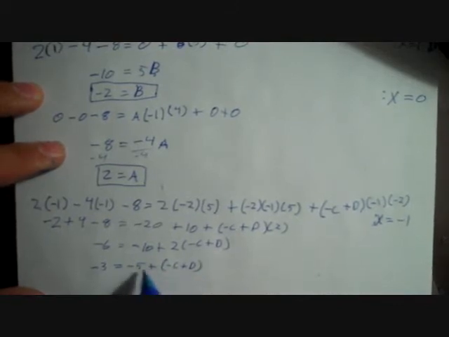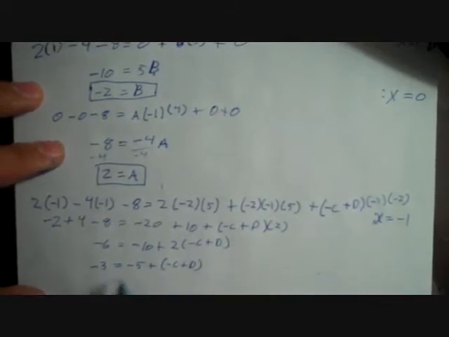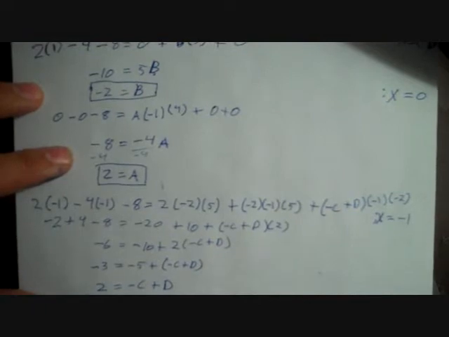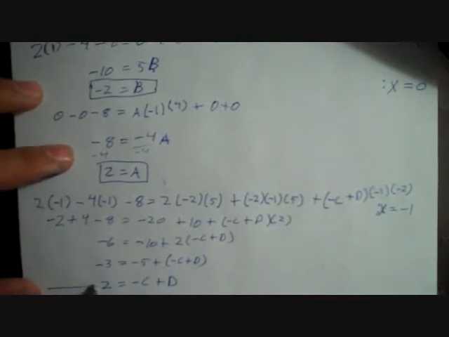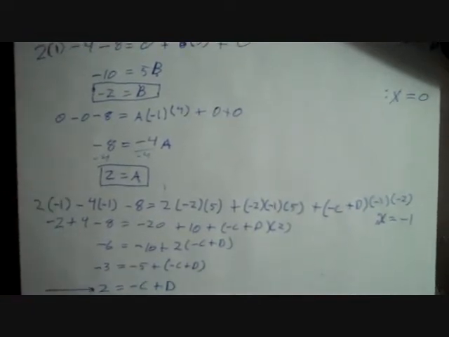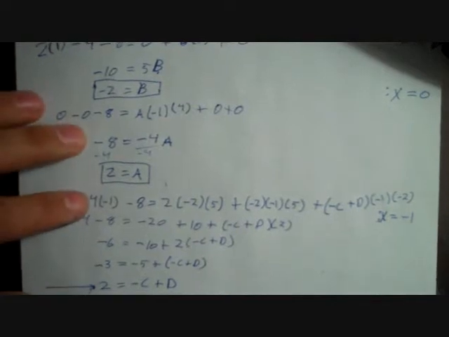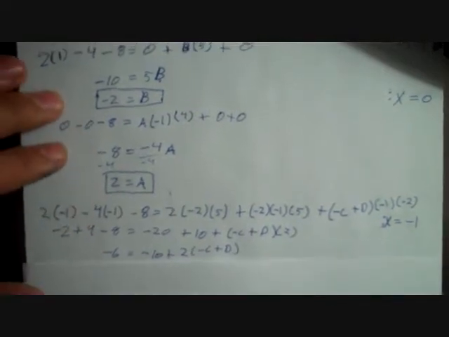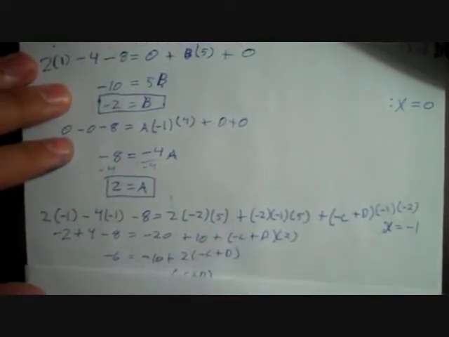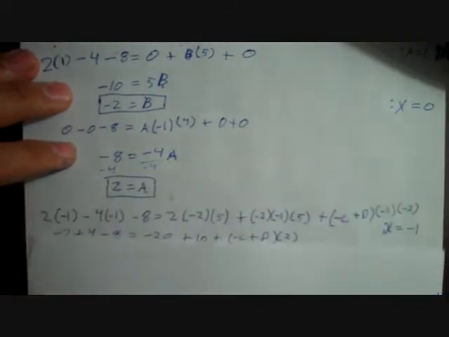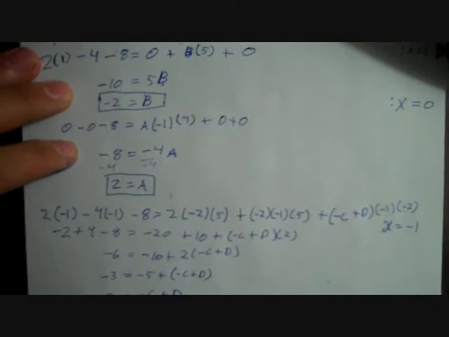So let's get all our variables on one side and all our numbers on the other. So we'll add 5 to both sides, so we'll get 2 equals -c plus d. Alright? So this is one equation, so now we need to make another relation. So we're going to do that, only instead of -1, let's pick another convenient value, x equals 2.